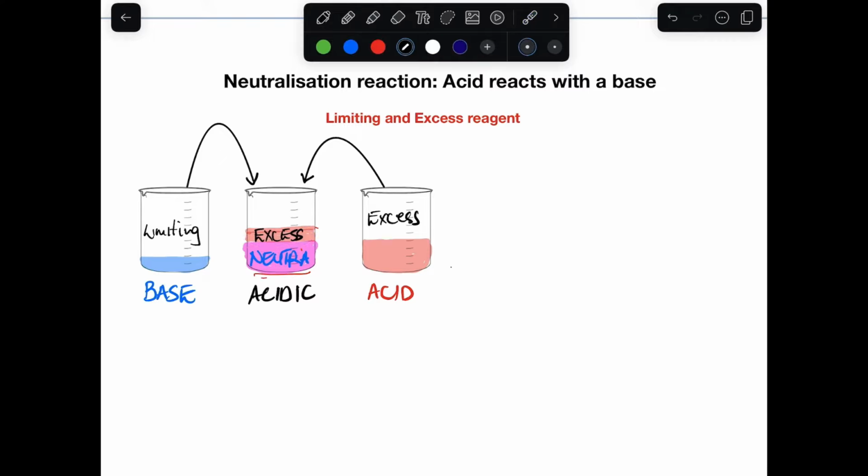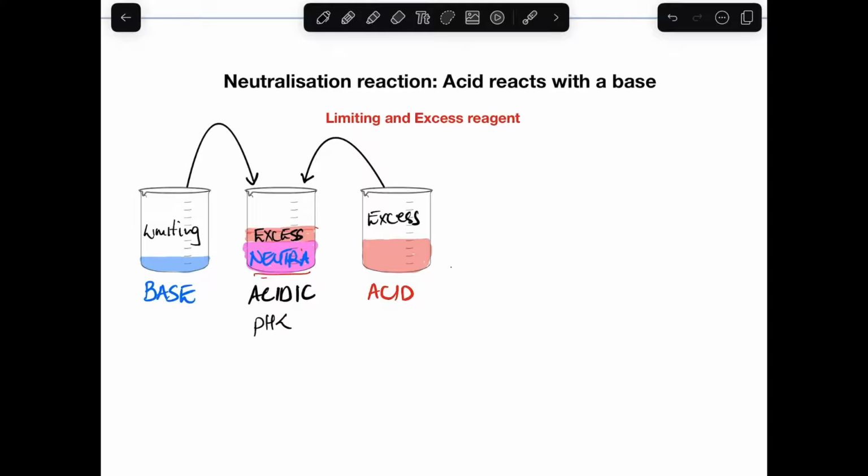So if this is acidic, we can conclude that its pH will be less than 7. For something acidic, the concentration of hydronium ions is greater than the concentration of OH minus.